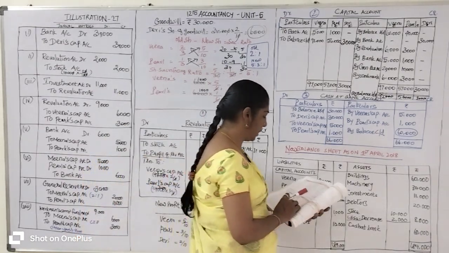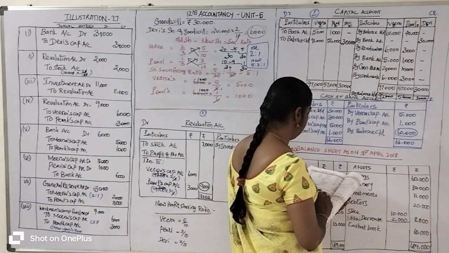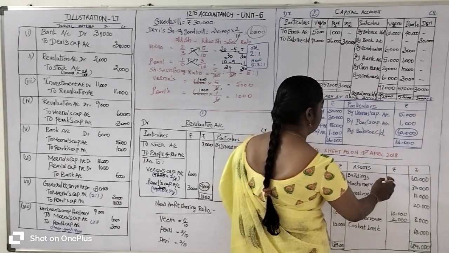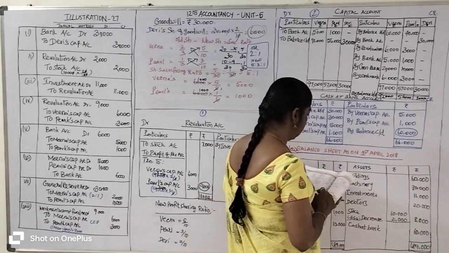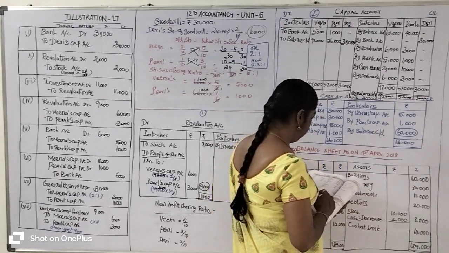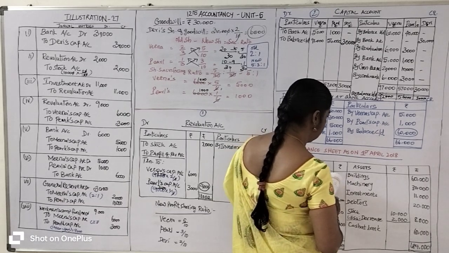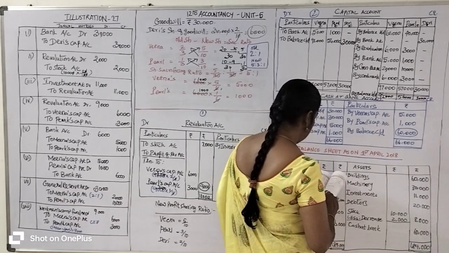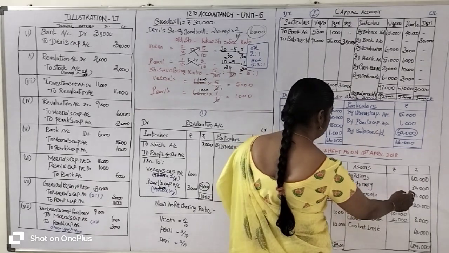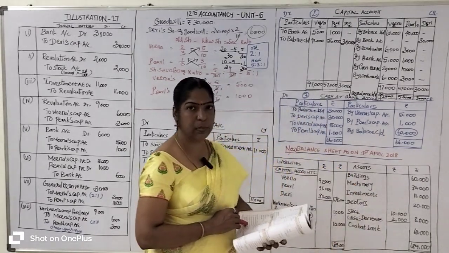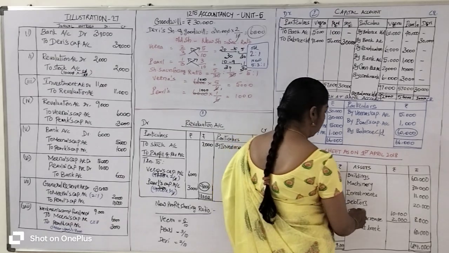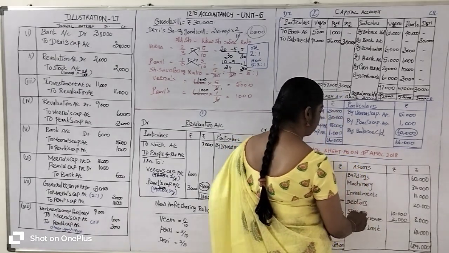Then go to the asset side. As per the question, we enter here buildings value 60,000 rupees, machinery 30,000 rupees, debtors 20,000 rupees. Investment 11,000 rupees we take from the adjustment entry, and the stock value 10,000 rupees from the question.